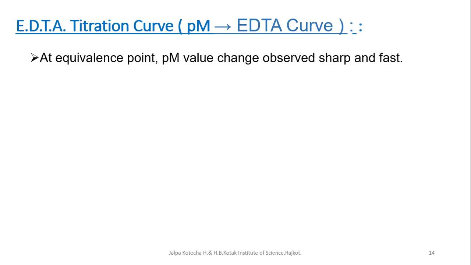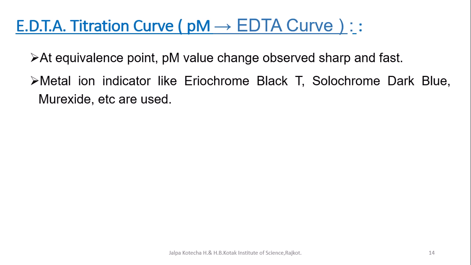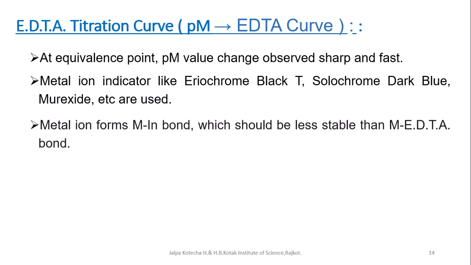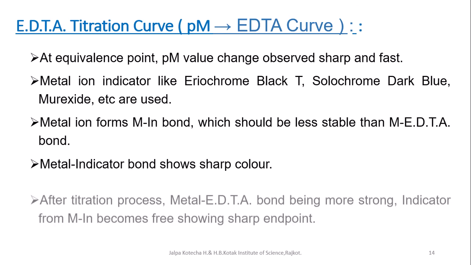At the equivalence point, we see a sharp and very fast color change, for which we are using metal ion indicators like EBT, solochrome dark blue, murexide and others. Here we see that the metal ion forms a metal indicator bond, which should always be less stable than the metal EDTA bond, and hence we get a sharp color change at the end point.